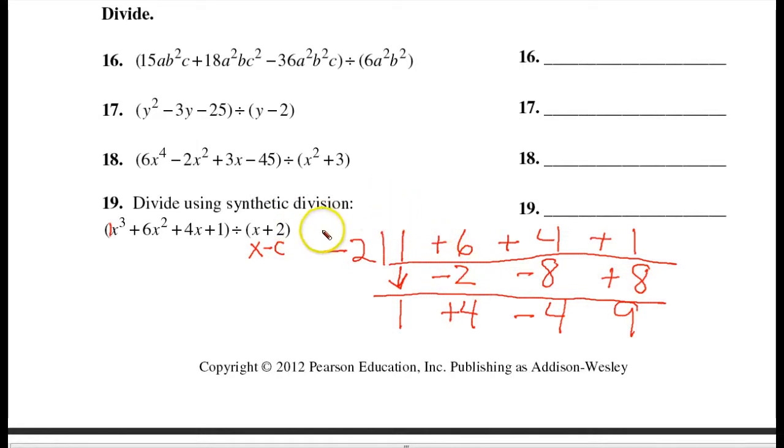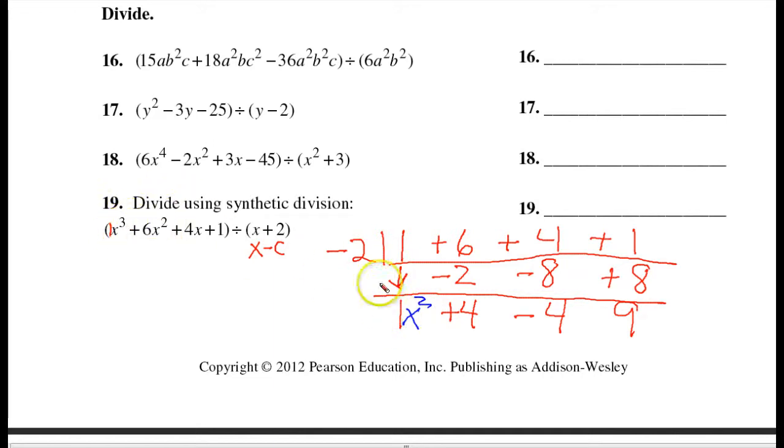Now the rule for synthetic division is once you get your answer down here, you have to convert it back into algebraic form. And the rule is it's one less power than what you started with. You started with 3. So this then becomes x to the second, this first one here.